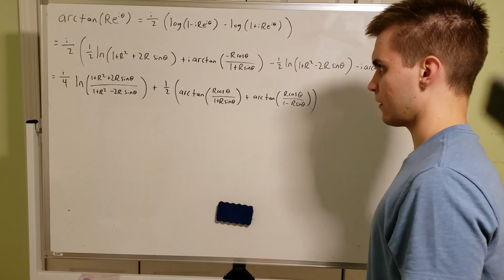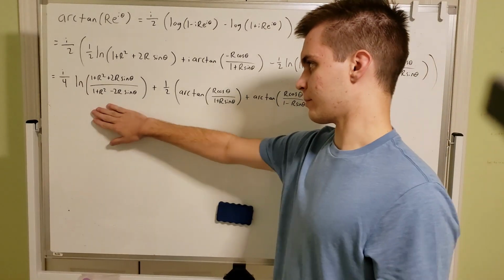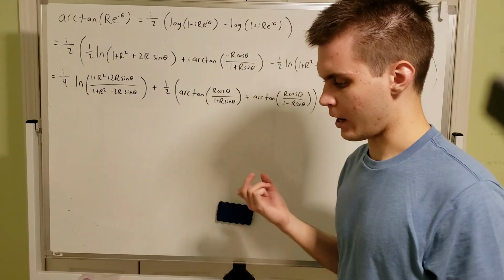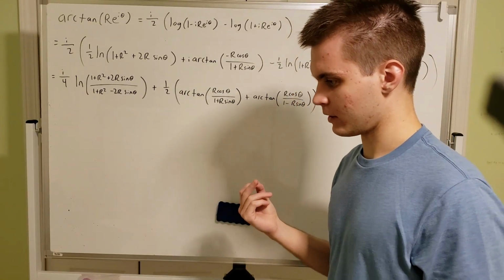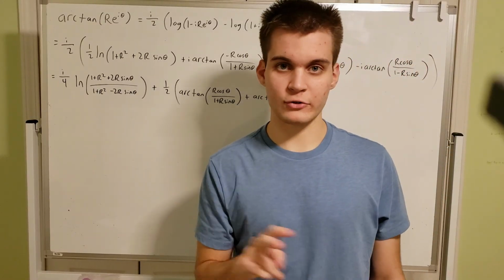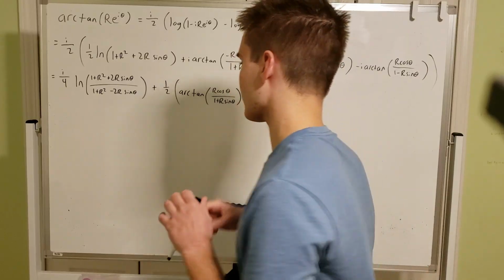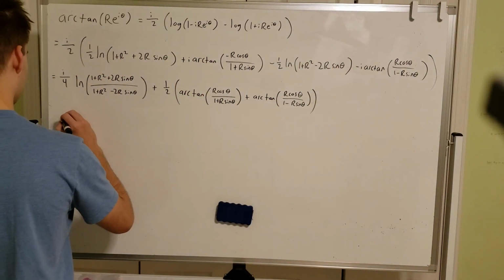Yeah, okay. There's not much we can do to simplify this, but there is actually a formula that lets us rewrite the sum of two arctangents as the arctangent of a function of the arguments. That formula is this.